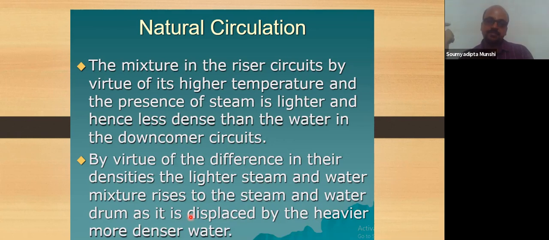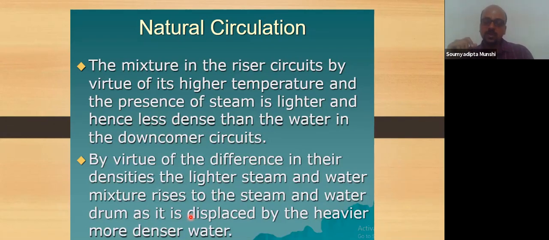So the circulation is continuous. When water flows through a particular pipe, some water is converted to steam, and the water and steam mix with each other, but from the downcomer the water continuously comes down to the water tubes.